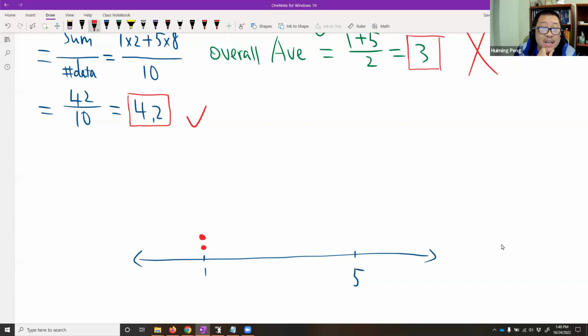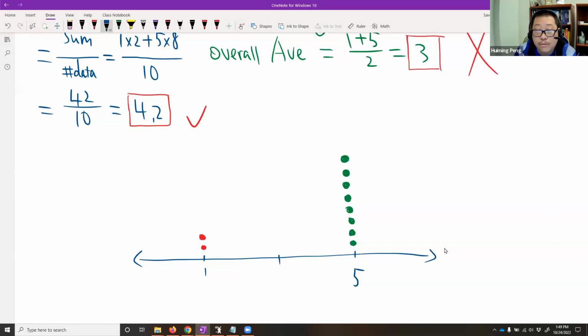That makes sense, right? How many 5s? 8 5s, so I have 1, 2, 3, 4, 5, 6, 7, 8. You can imagine. And the 3 is in the middle.